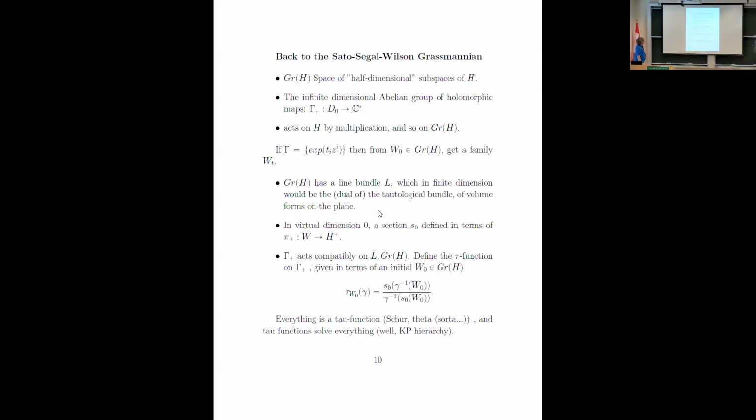So you've got this Grassmannian, which is a space of half-dimensional subspaces. And the new thing is you've got an infinite dimensional group that's going to be acting on the Grassmannian. It's acting on H, which is L2 of S1. It's just holomorphic functions from the disk to C star.